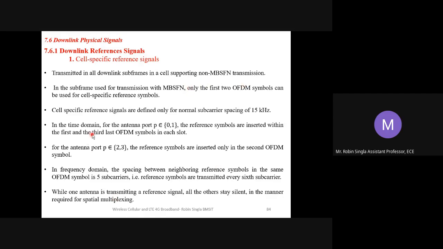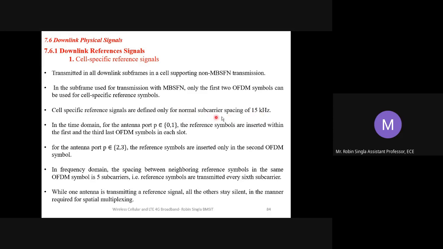These are the cell-specific reference signals, which are transmitted in all downlink subframes in a cell supporting non-MBSFN transmission. In the subframe used for transmission with MBSFN, only the first two OFDM symbols can be used for cell-specific reference symbols. Cell-specific reference signals are defined only for the normal subcarrier spacing of 15 kilohertz.